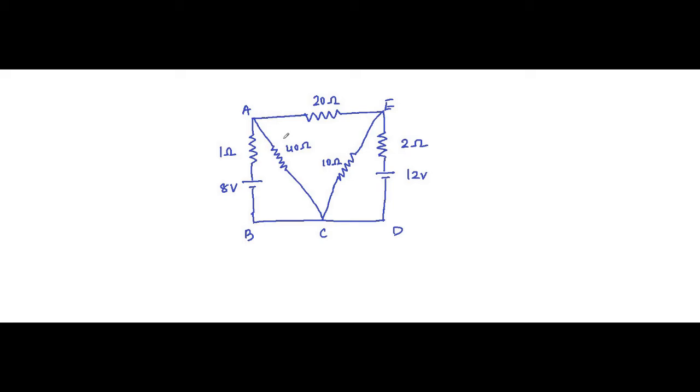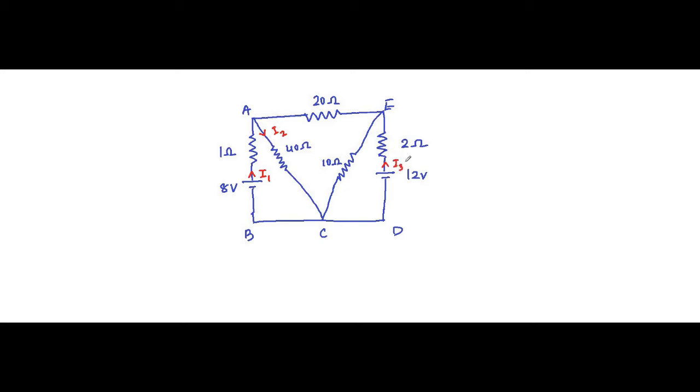So the first step is the assignment of current directions. Let this current from 8 volt be I1, let this current be I2, and let this current flowing from 12 volt be I3.